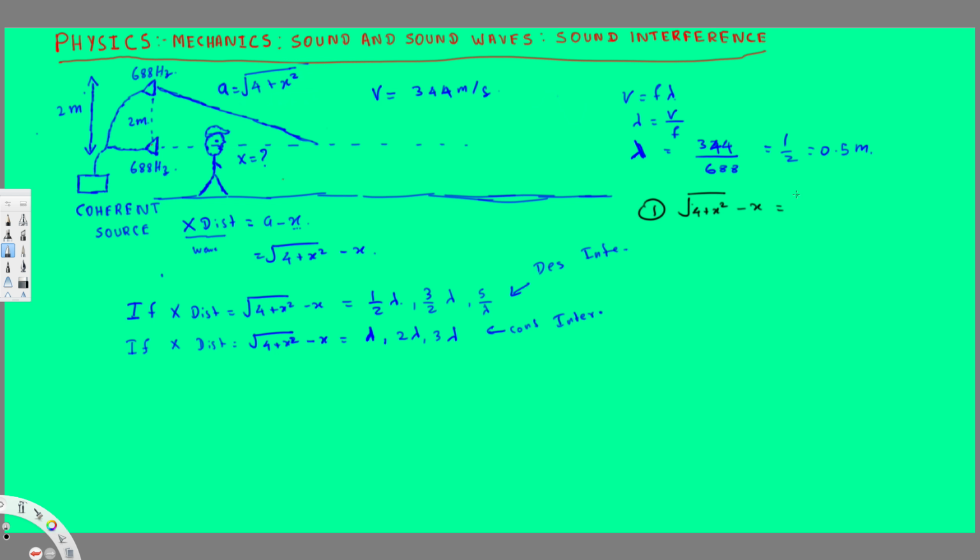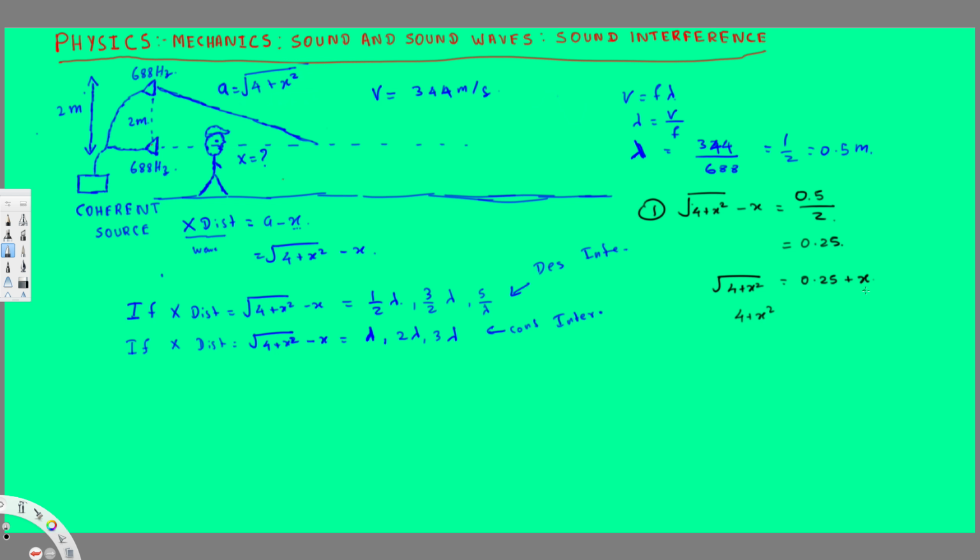Lambda by 2 means 0.5 by 2, so let's simplify this. This is equal to 0.25, and then I can bring this x to the other side. So we have square root of 4 plus x square is equal to 0.25 plus x, and if I square both sides I will get 4 plus x square.